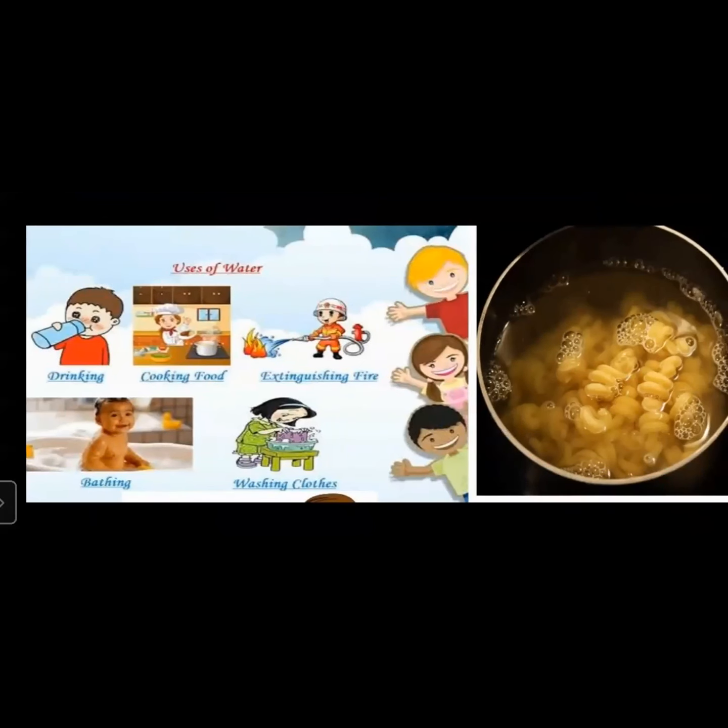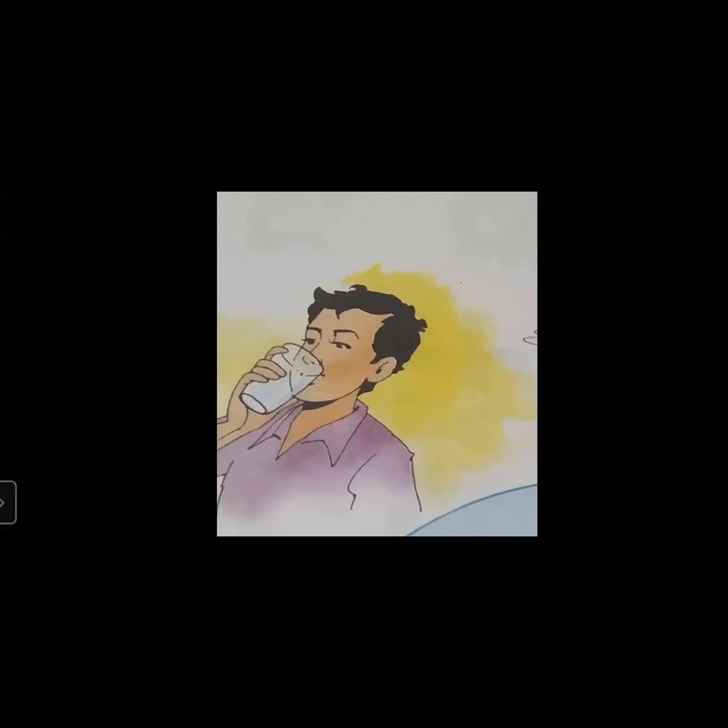Children, here you see different pictures showing uses of water. As we know, water is very important for our life. Water is used for drinking, cooking food, extinguishing fire, bathing, washing clothes, and watering plants.